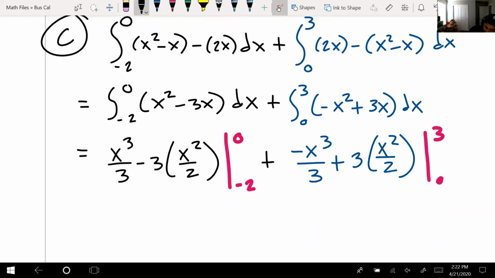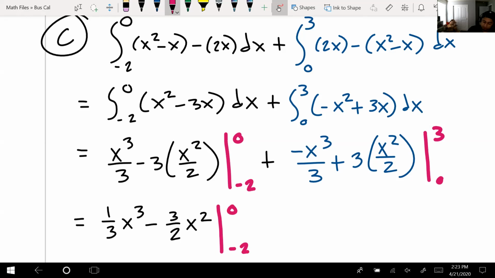Clean up again. Make it look pretty. 1/3 x cubed minus 3/2 x squared from -2 to 0, plus -1/3 x cubed plus 3/2 x squared evaluated from 0 to 3.